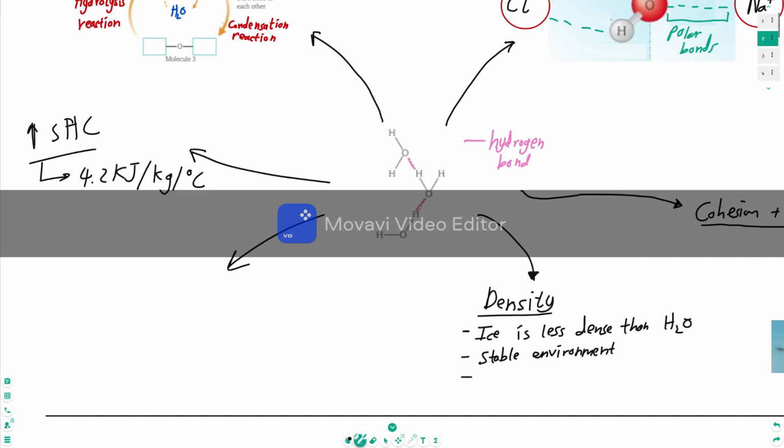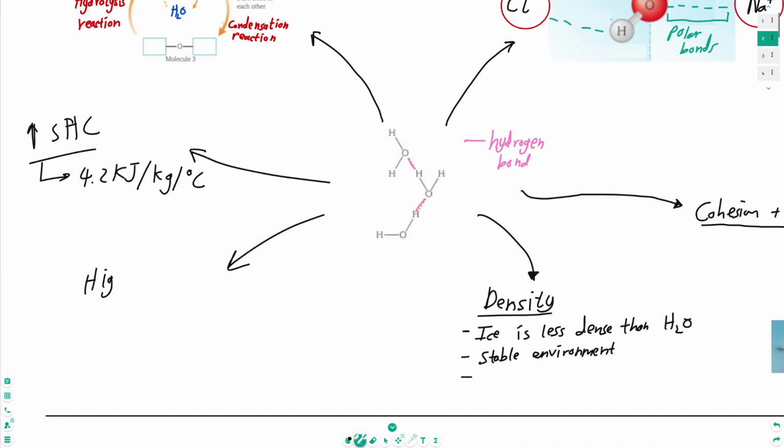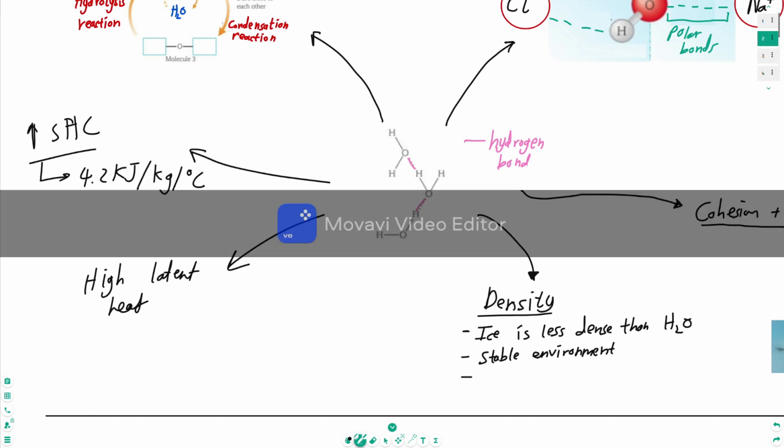And then we also have a high latent heat of vaporization. Because of how strong the hydrogen bonds are, water has a high boiling point. So it has a high latent heat of vaporization.